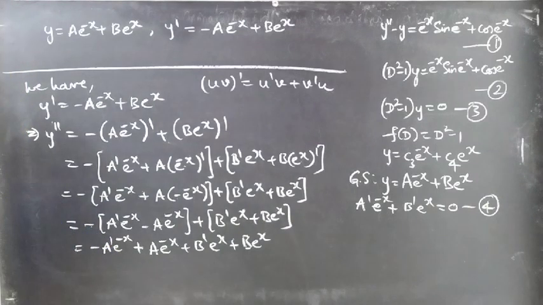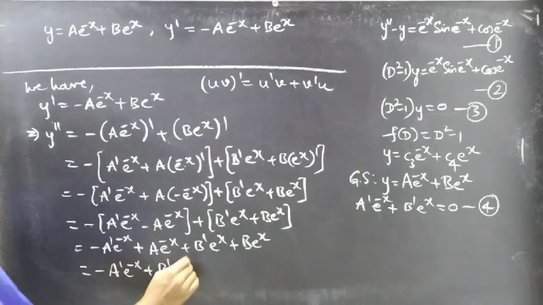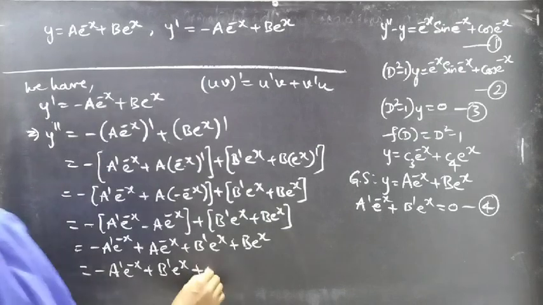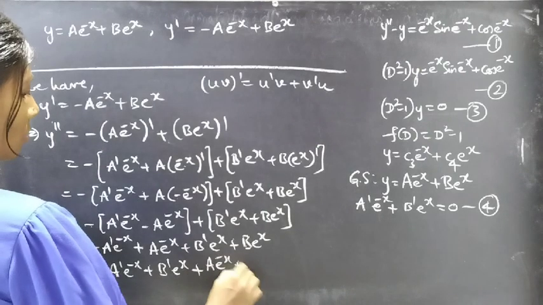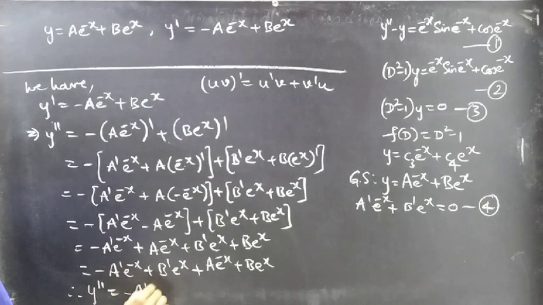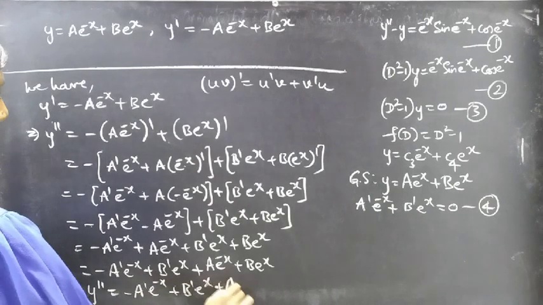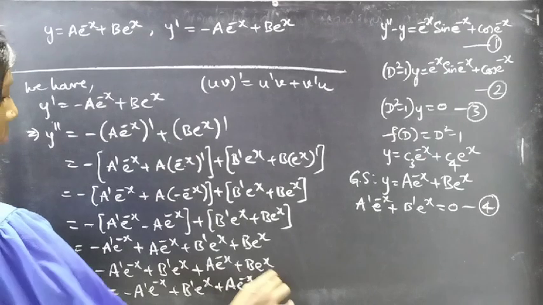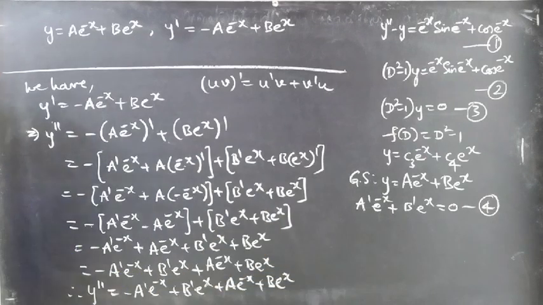Now write the terms involving a dash and b dash first: minus a' e^(-x) plus b' e^x. Now write the remaining terms: plus a e^(-x) plus b e^x. Therefore, y double dash equals minus a' e^(-x) plus b' e^x plus a e^(-x) plus b e^x. So we got y double dash.